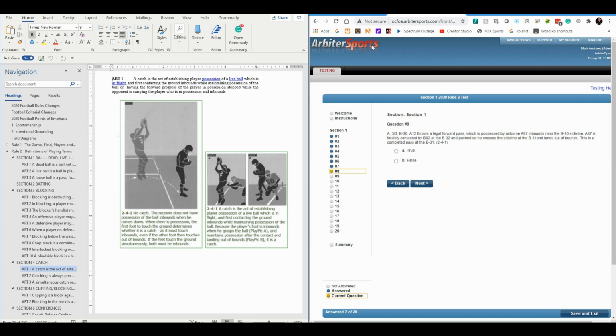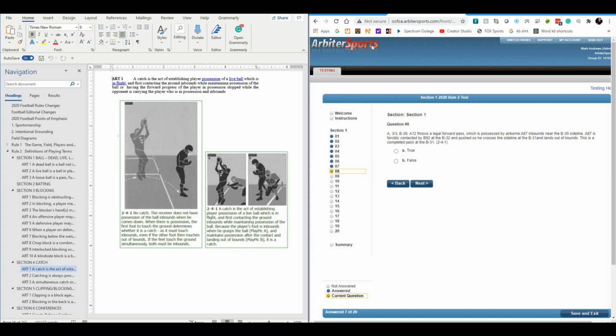He's inbounds airborne near the B30 sideline. A87 is forcibly contacted by B92. We can assume that's legal forcible contact. And pushed so he crosses the sideline at the B31 and lands out of bounds. This is a completed pass at the B31.